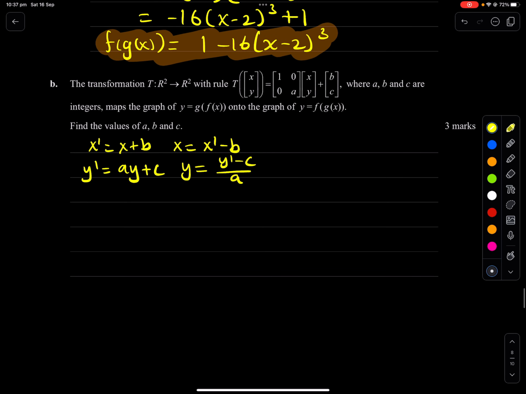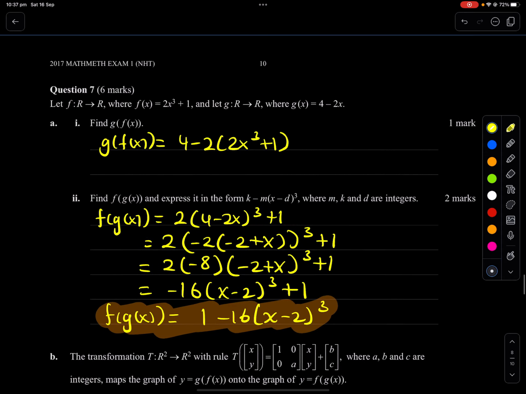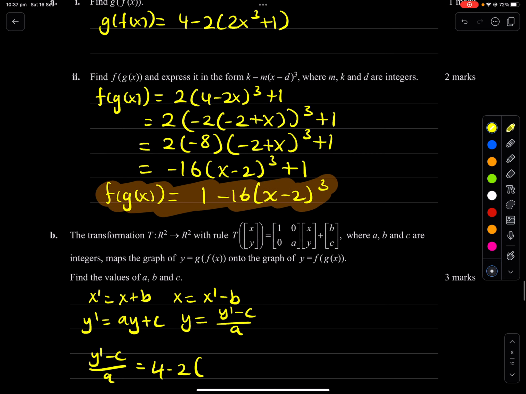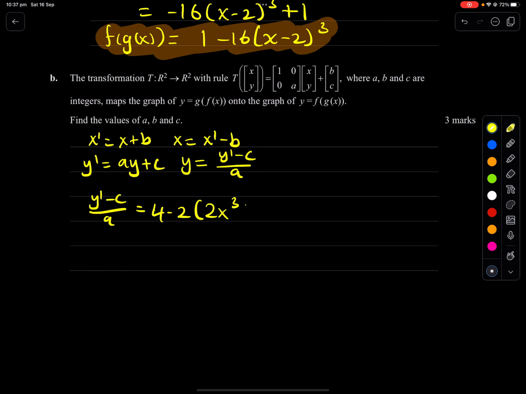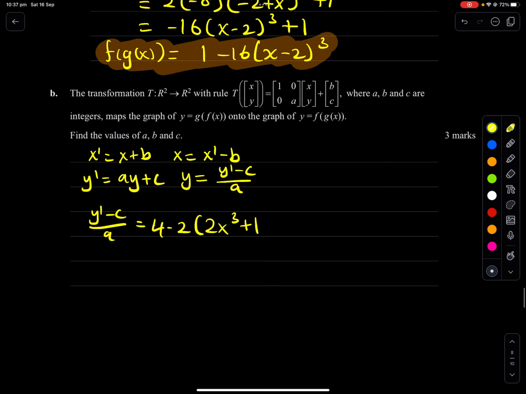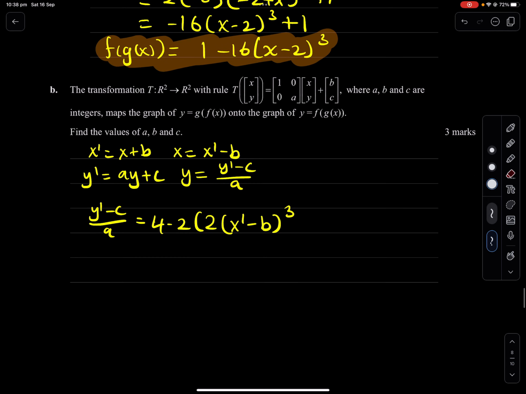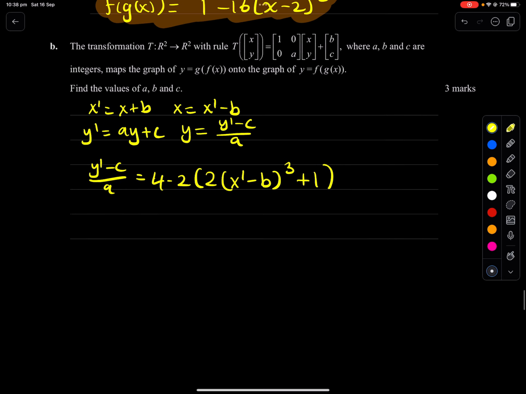Okay, so y minus c over a equals 4 minus 2, 2x 3 plus 1, this, and that x we want to replace with x minus b to the power 3 plus 1.